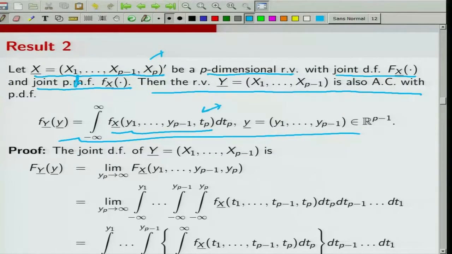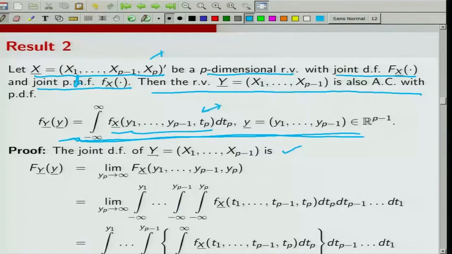So, what it suggests is that if you have an absolutely continuous random variable, and you are talking about the marginal distribution of some components of X_1, X_2, ..., X_p, you can get the PDF of the marginal distribution by integrating out the unwanted variables. The proof is very simple.